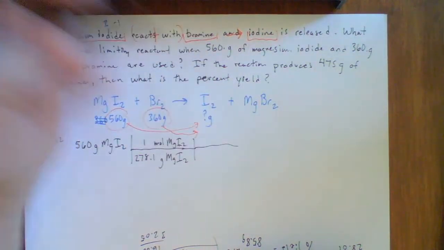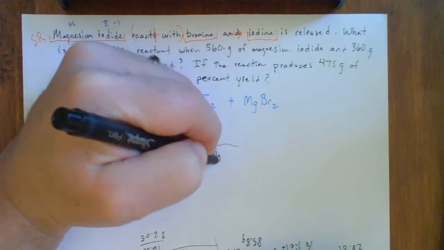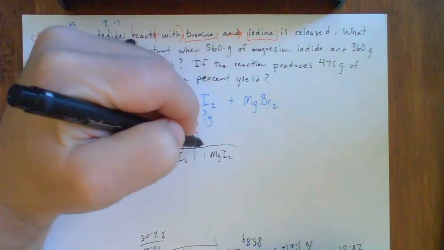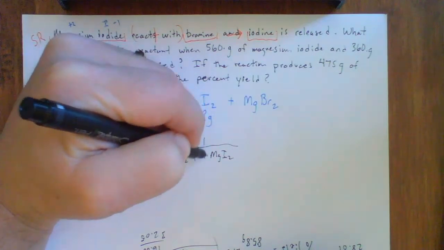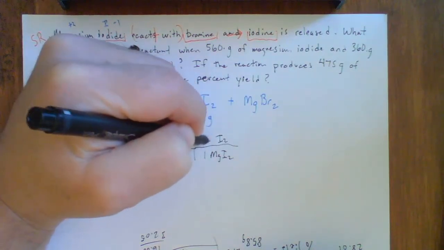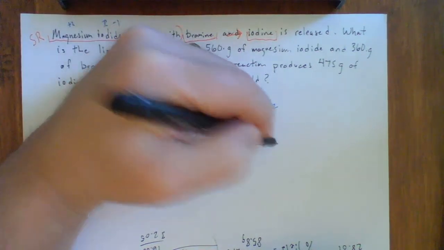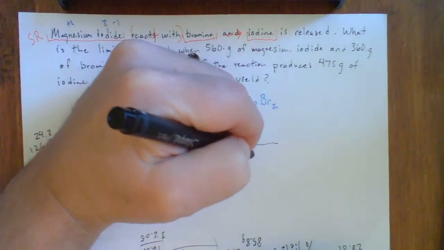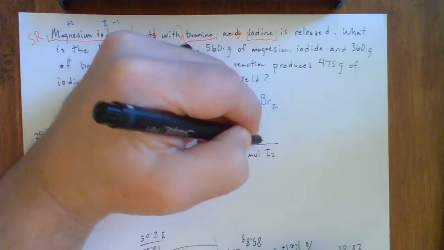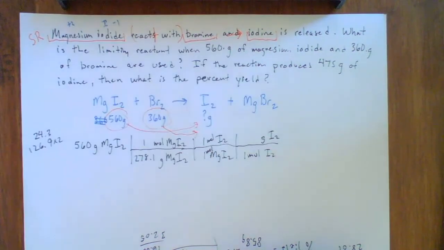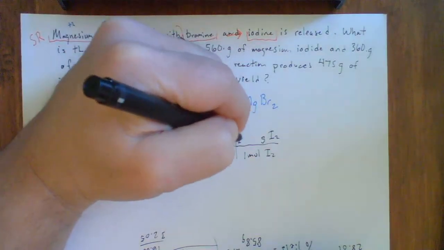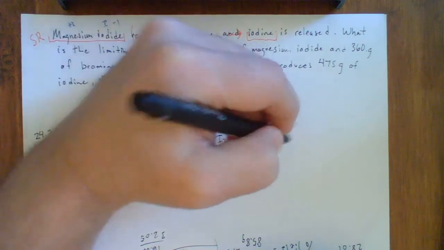Then our mole ratio is the easy one. It's just a 1-to-1. So 1 mole of MgI2 to 1 mole of I2. And then the last thing that I need to do is get my 1 mole of I2 into grams of I2. Again, I is 126.9 times 2, so 253.8.